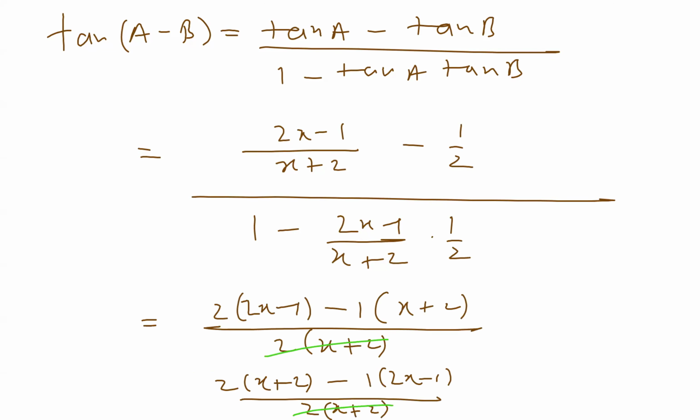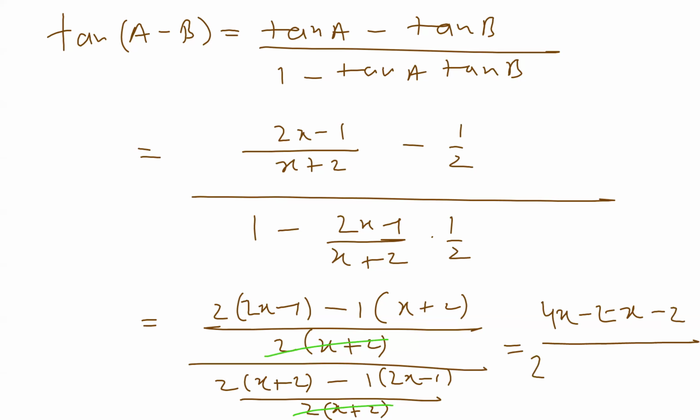So let's do a bit more simplification. Open the brackets. 4x minus 2 minus x minus 2 in the numerator, and in the denominator 2x plus 4 minus 2x plus 1.